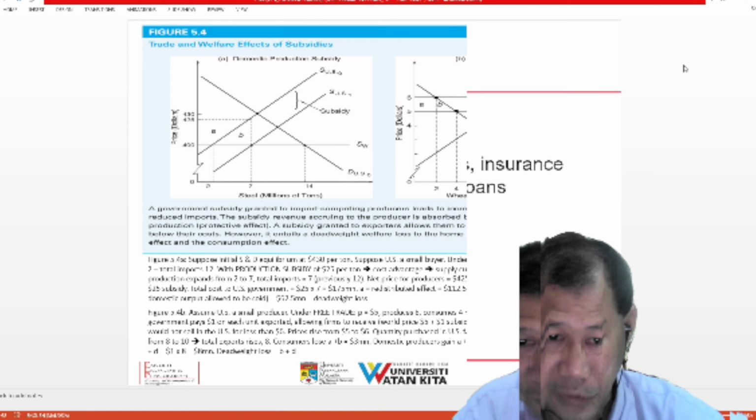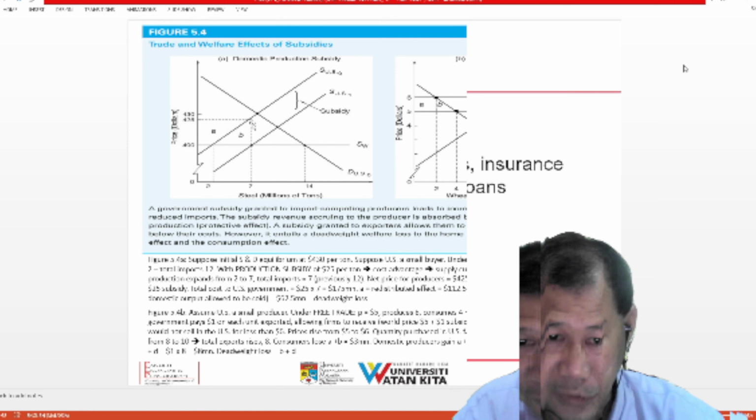So the net price for producers is 425. This is the net price that the producers will get according to the previous old supply curve without the subsidy.